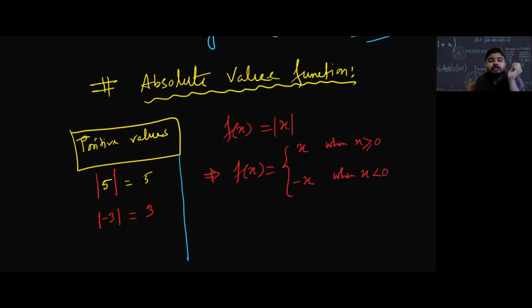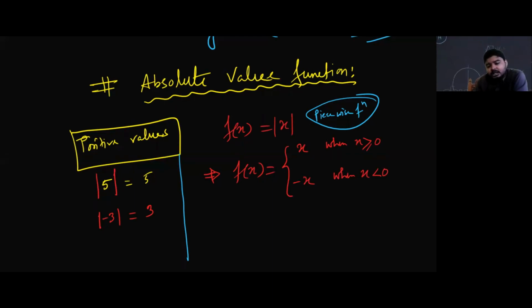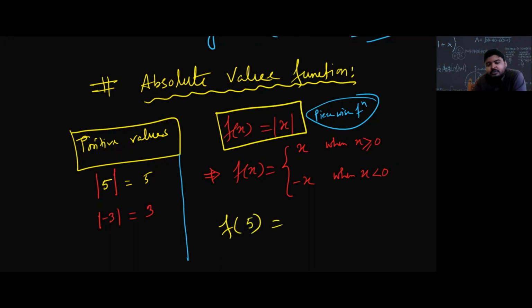So this type of function is also called a piecewise function. Let me give you an example. Say I am inputting f of 5. The value of x is 5. Is 5 greater than 0? Yes, so this satisfies the first condition, and we get f of 5 equals 5.